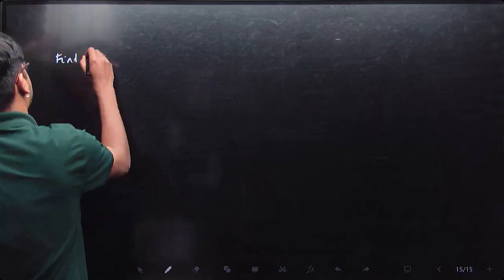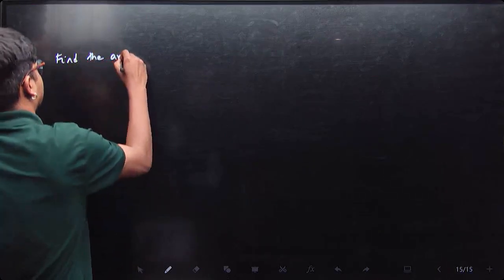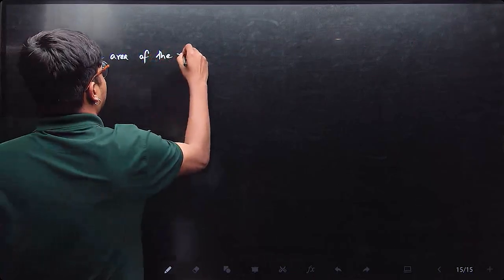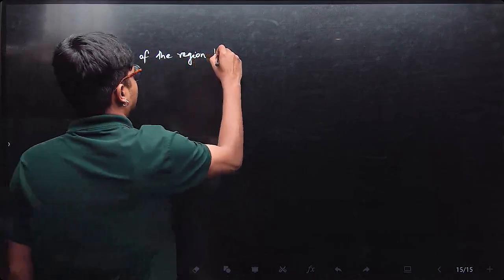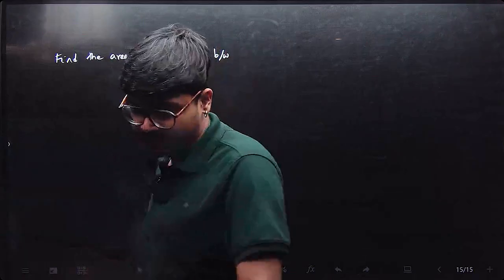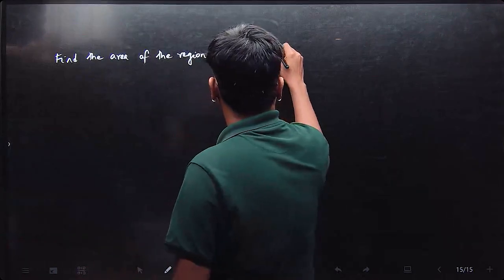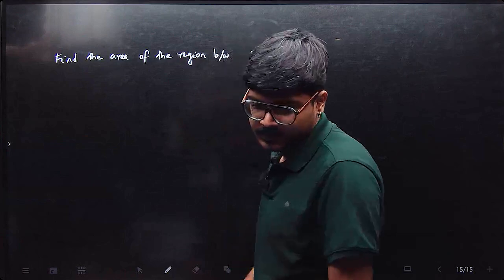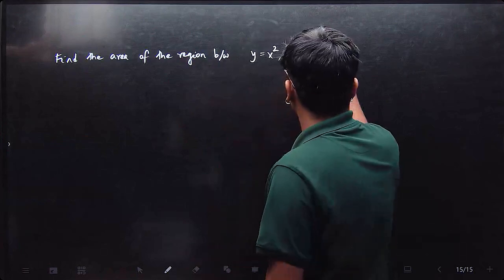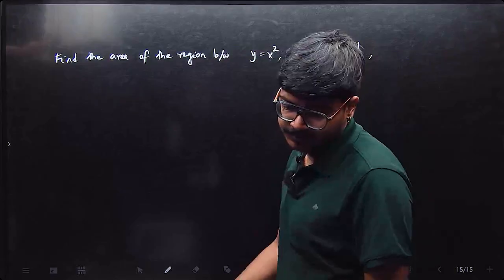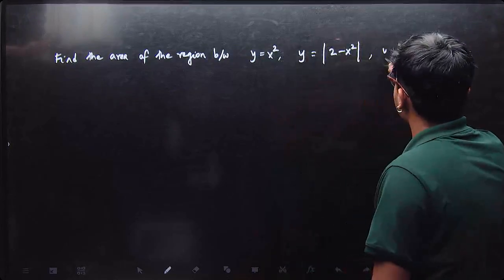Find the area of the region between y equal to x square, y equal to mod of 2 minus x square, and y equal to 2.